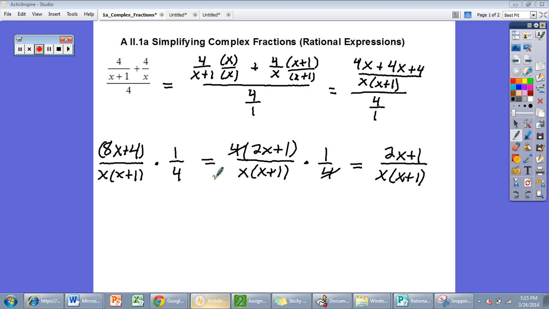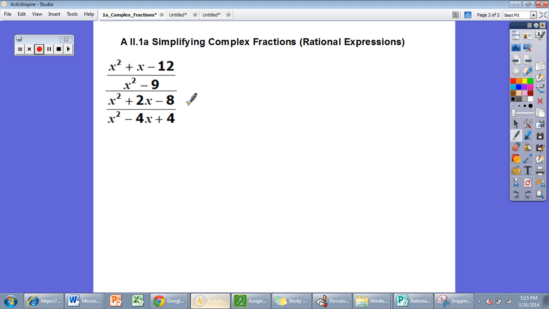We're going to do one more example of complex fractions, and this is going to look a little bit different, but it's still considered a complex fraction. And this is one where you're going to just want to factor every single piece. So if you need a review of factoring, please see the review of factoring video.